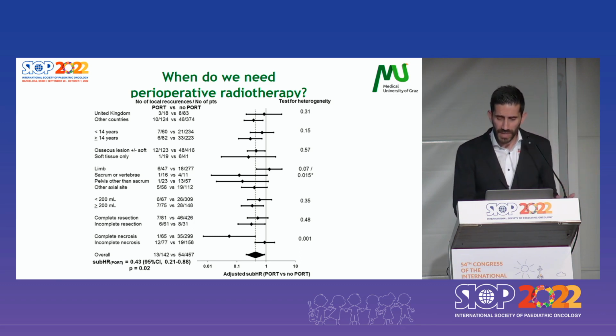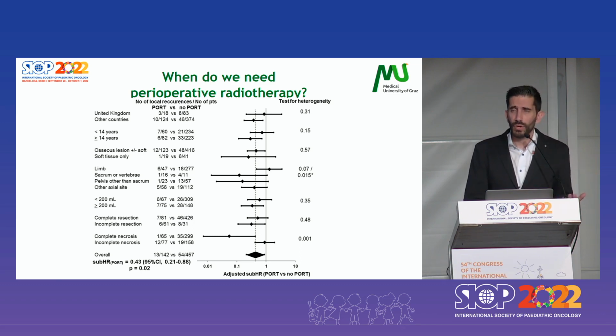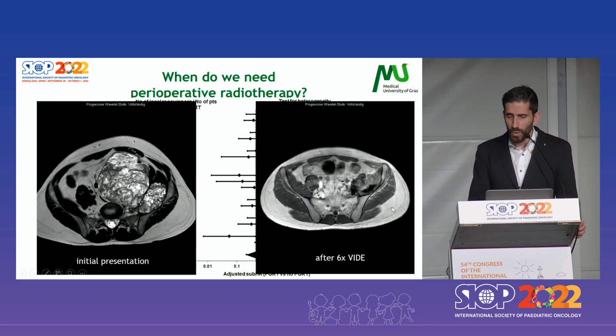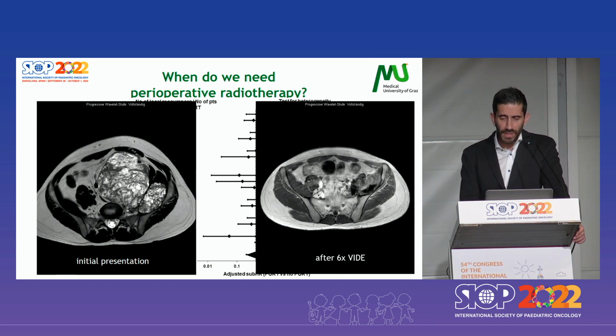In the past, we have said, if the patient has a complete necrosis, we don't need radiotherapy if we've done surgery. But if you go back to this tumor and see how a typical Ewing, with a good response to chemotherapy, develops, then you can see that at the time when we are going to do surgery, the amount of tissue surrounding the tumor is much less than the case here. For instance, you can see the abdominal muscles are contaminated here.